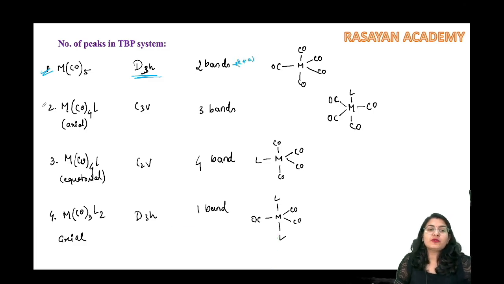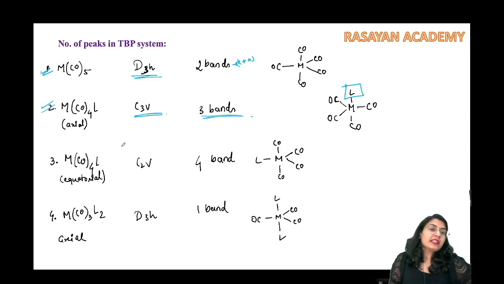Fine. Let's move onwards. Now we are replacing one of the carbonyls with another ligand. I took the axial one and replaced it. What does the point group become now? The point group becomes C3V and it has 3 bands. Alright, now I am putting one more ligand, but this time on the equatorial position.